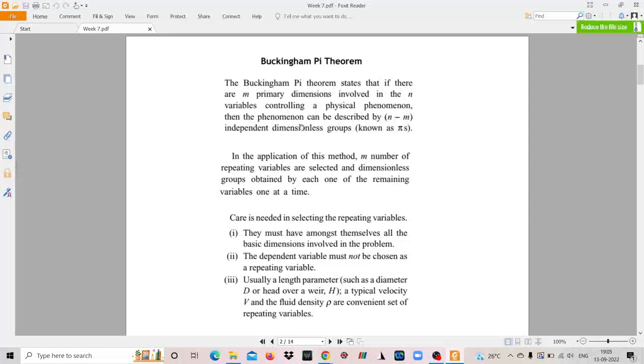Now, in that case, the entire system can be described by n minus m.